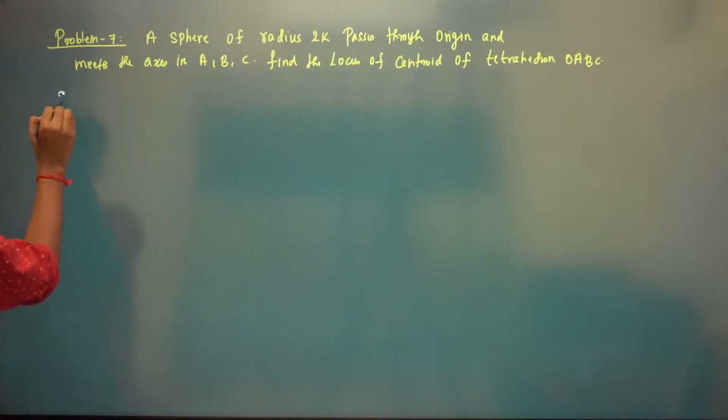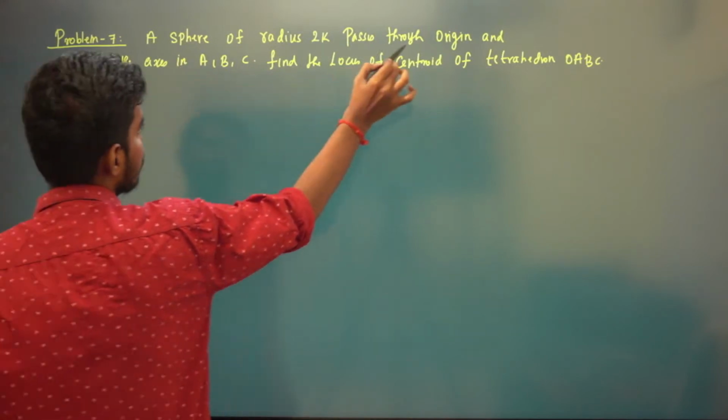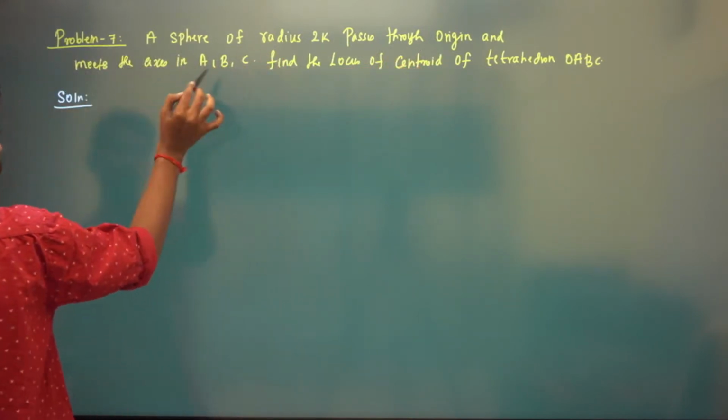So same problem only. So what is the equation of the sphere passing through origin and meeting the axes at A, B, C?